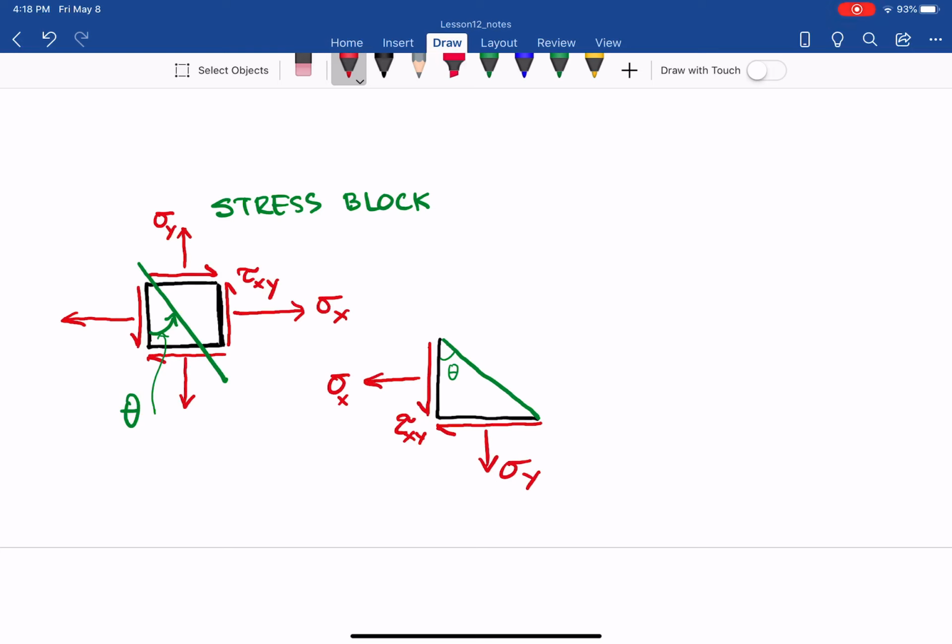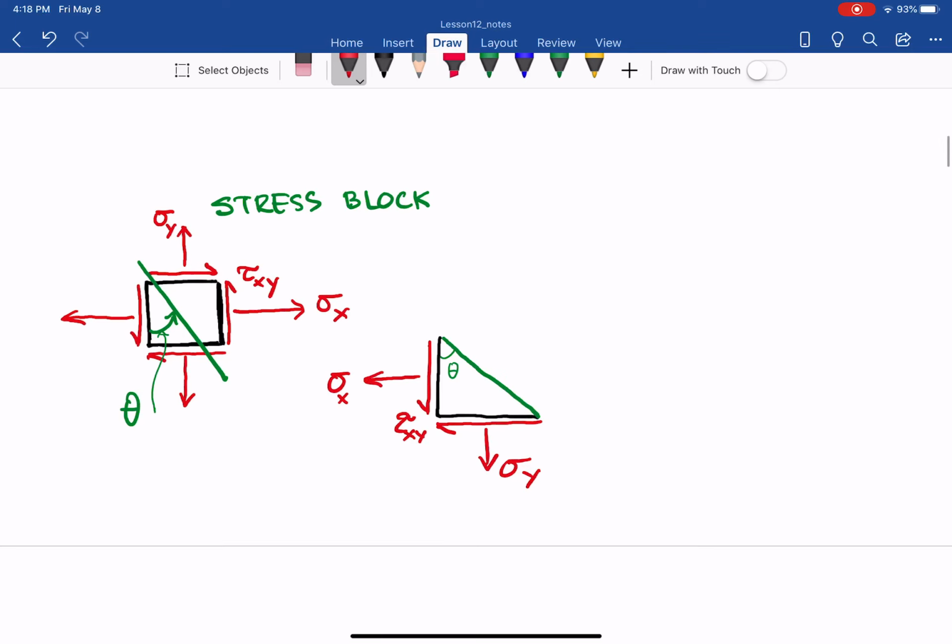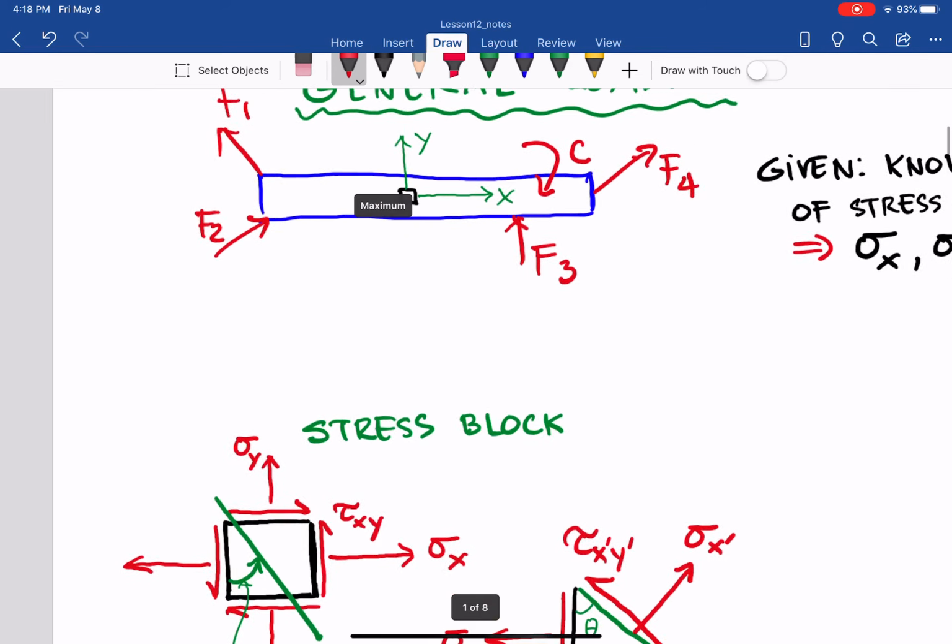And with that transformation, I want to look at the new plane here: what is the sigma for this plane, call it x apostrophe, and what is the tau for that direction? So on the x apostrophe plane, in the y apostrophe direction, what is that?